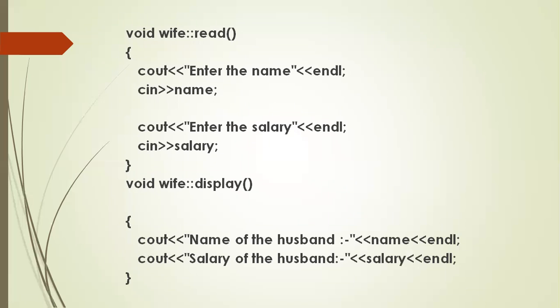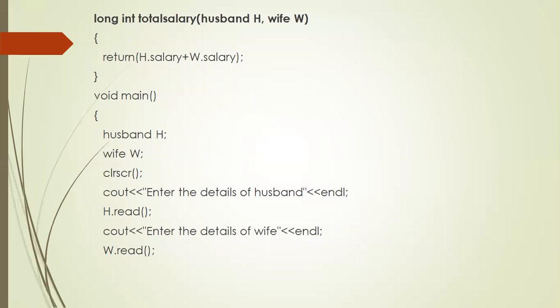Now we have defined the two member functions, one is the read function, the other one is the display function. Now we have to define the third function called total salary. The total salary function has to access the data of husband salary and also the data of wife salary.